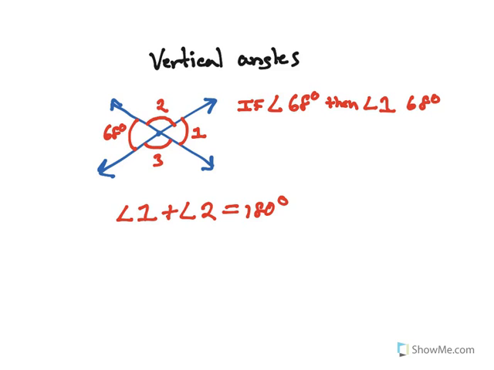Opposite angles, like I said earlier, are angle 2 and angle 3, and then angle 1 and 68. Those are vertical angles. But the ones adjacent to each other, like 1 and 2, are supplementary. We said angle 1 was 68 degrees because it's opposite of 68, so it has to be the same.